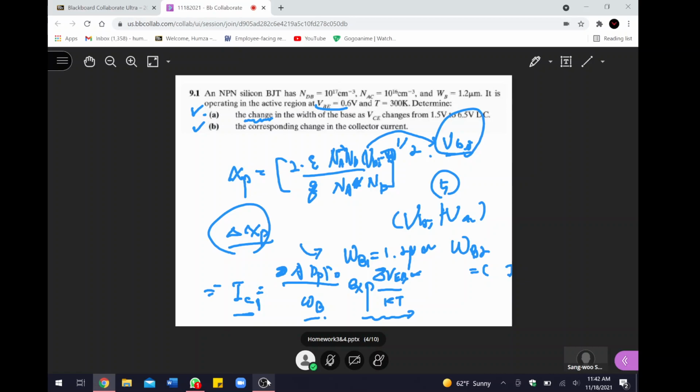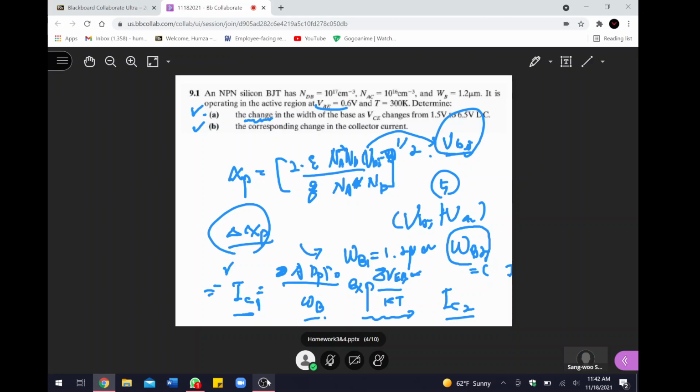Now you have changed this WB when you apply the bias in this way, so from there you can calculate the change of this collector current. As you can see from this equation, the collector current is inversely proportional to WB.